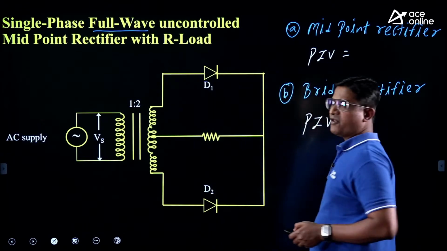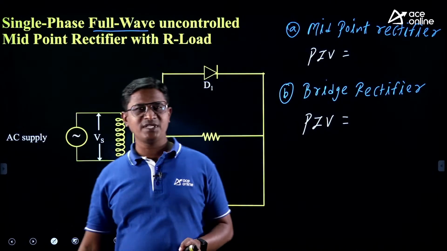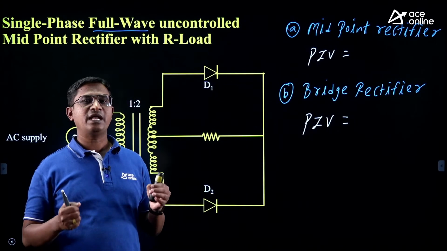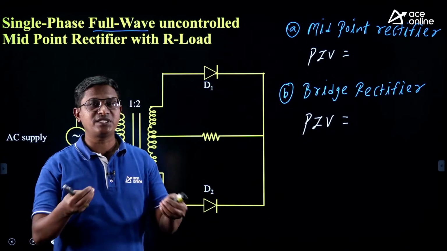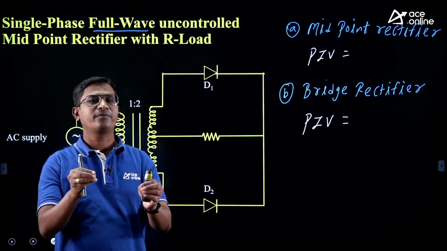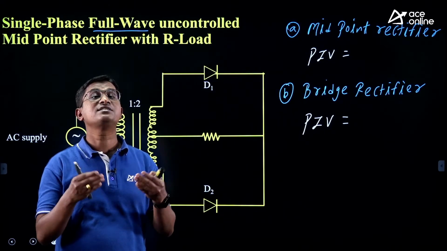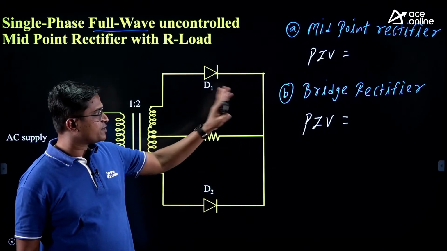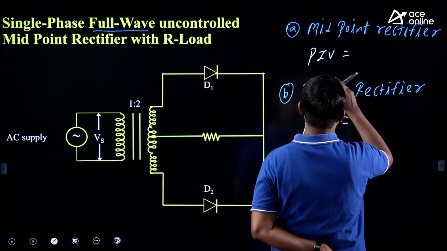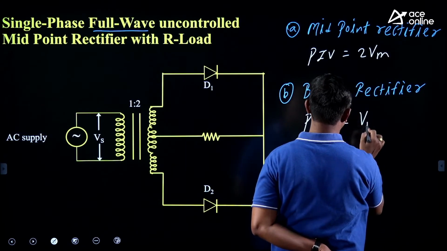Peak inverse voltage means the maximum value of reverse voltage that appears across your switch, that is the device. In this uncontrolled rectifier, the switch is nothing but a diode. If it is a controlled rectifier, then the switch is an SCR. The major difference between midpoint rectifier and bridge rectifier is that the PIV rating in a midpoint rectifier is 2 times Vmax, whereas in a bridge rectifier it is Vmax only.